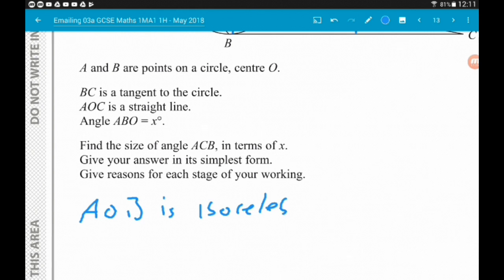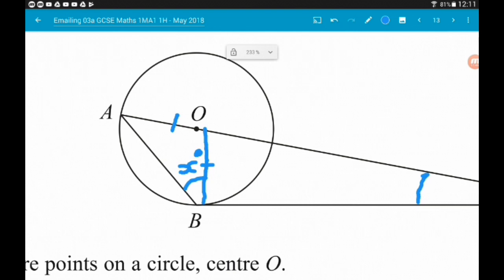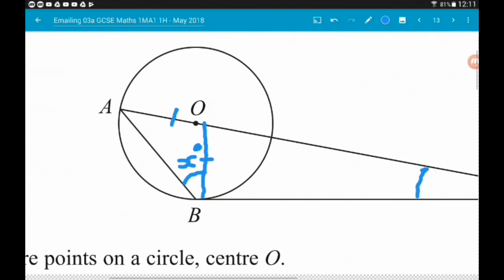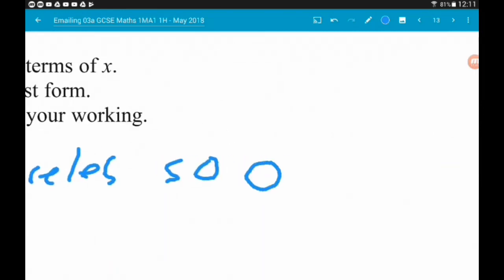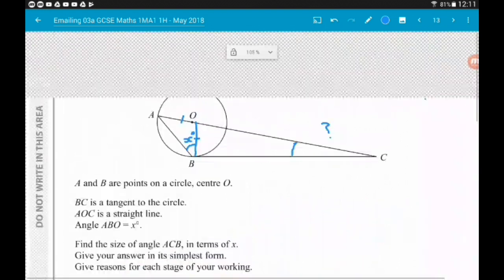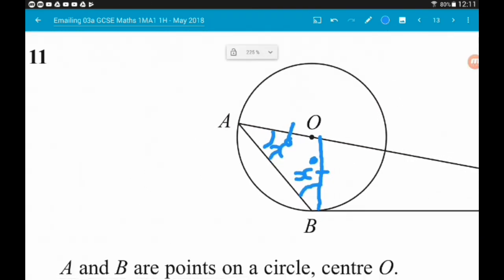So we can say that angle OAB is X degrees. So what we're saying here is because this triangle is isosceles, this angle is also X degrees. So that will be my first step.